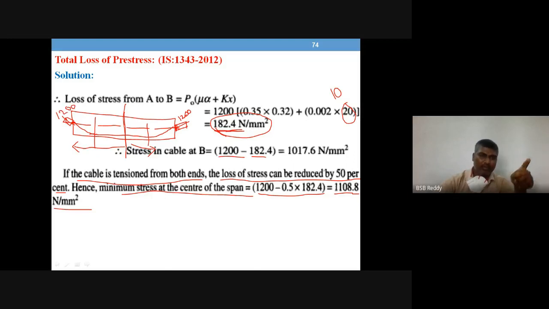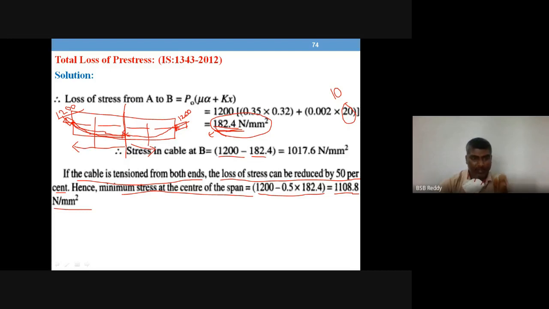The cable from the middle to the left will participate in the friction phenomenon, so only 10 meters. So half of this is the loss. So 1200 minus 182.4 by 2, that is the stress in the middle, the midpoint.